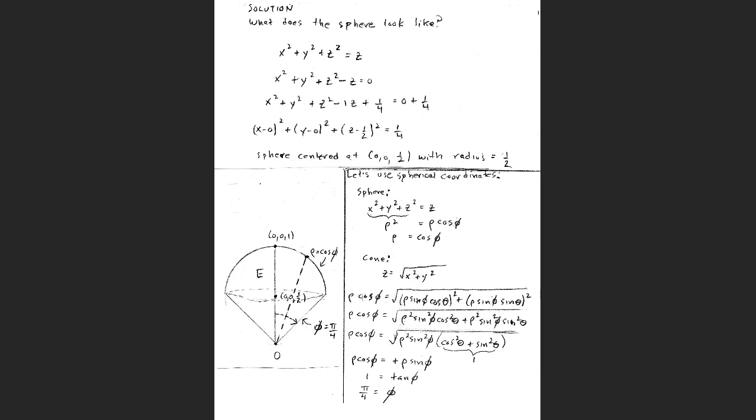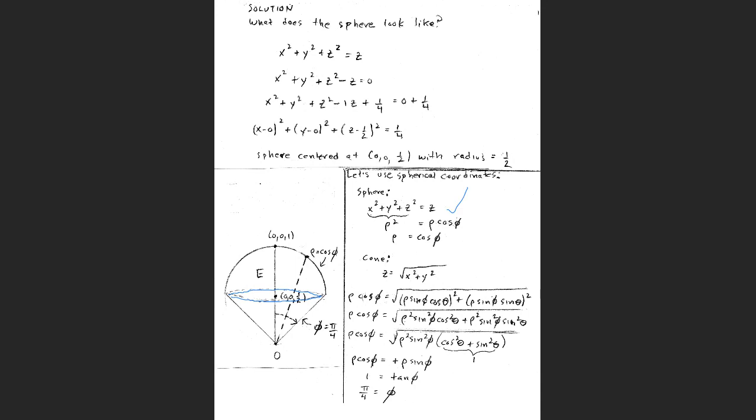Okay. So, all right, what is the intersection? The intersection clearly is a circle between the cone and the sphere. But in order to determine the limits, we need more information. So what I'm going to do is first say, this sphere, x squared plus y squared plus z squared equals z.